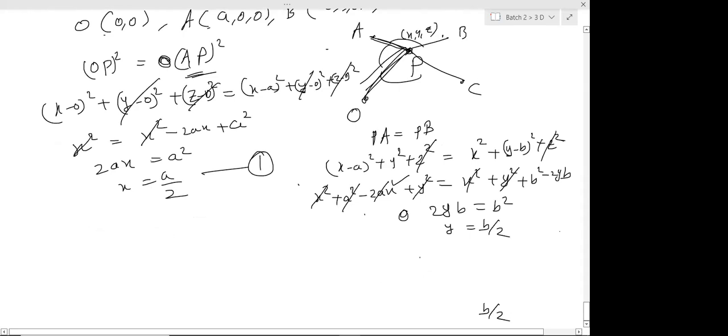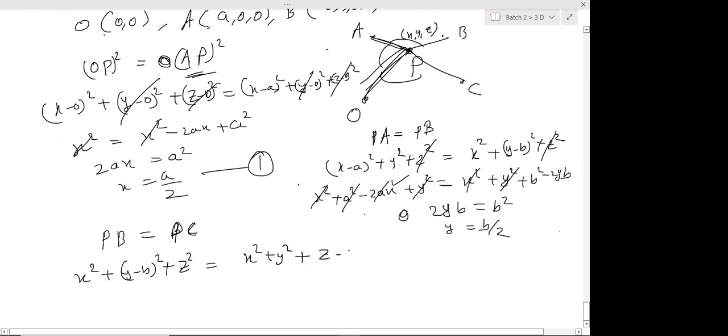Alright. In the third equation, we can write PB equals to PC. So the value of PB is x square plus y minus b whole square plus z square, and this is equals to x square plus y square plus z minus c whole square, right?